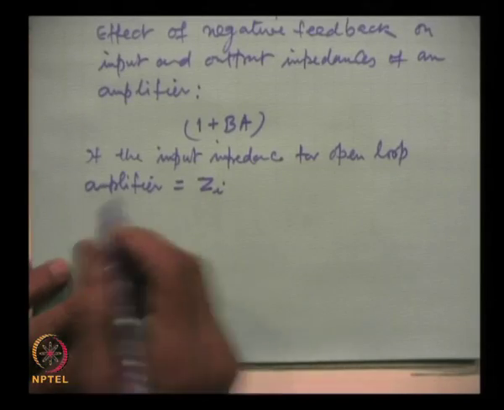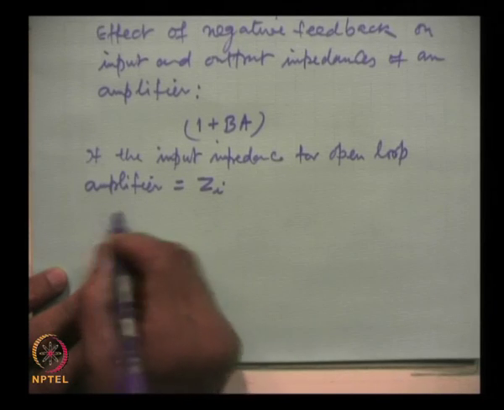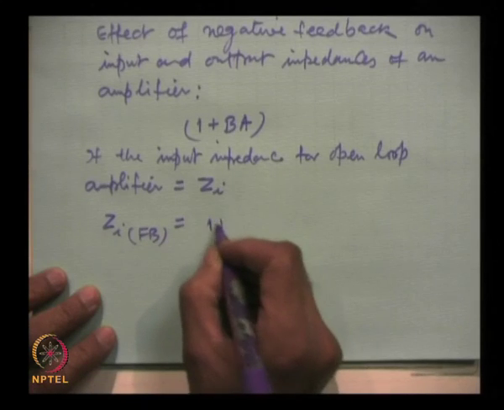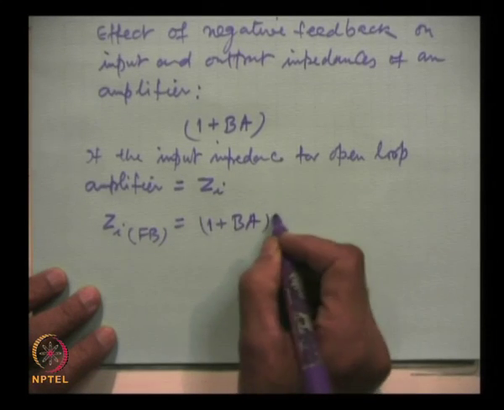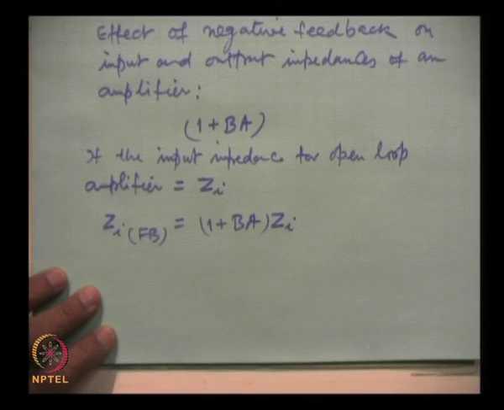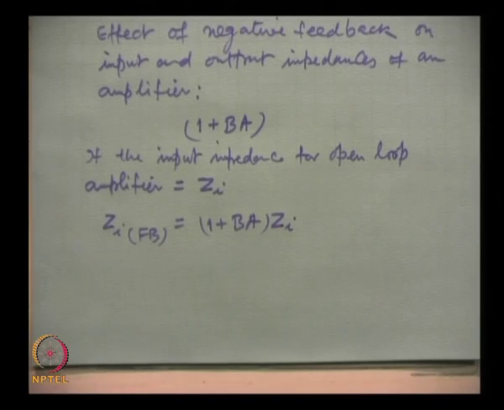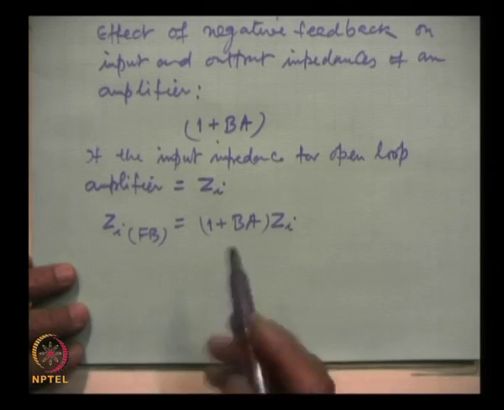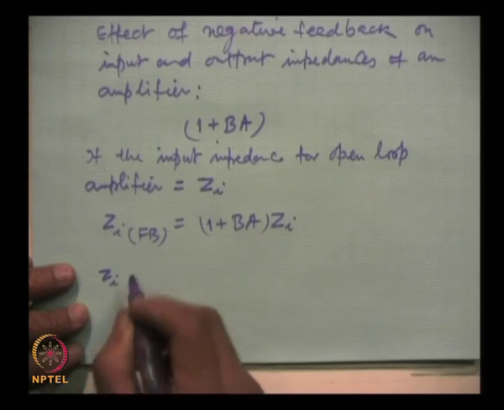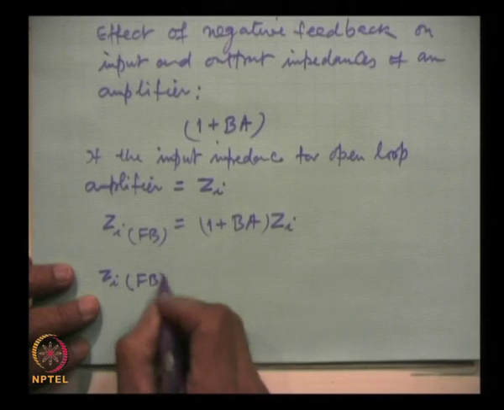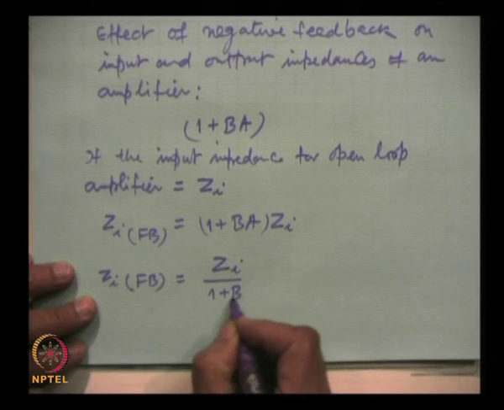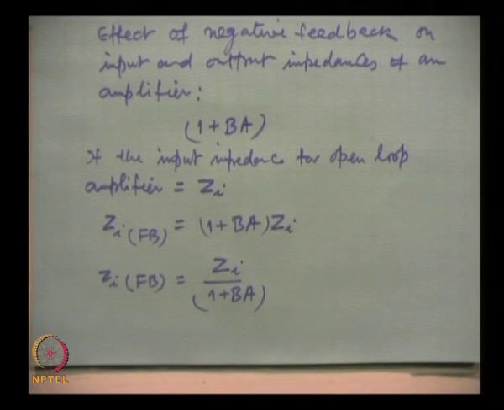With negative feedback, if it has to increase, then ZI with feedback will become 1 plus BA times ZI. Similarly, for the output impedance without feedback, and if it has to fall, then the impedance with feedback will be reduced to this.